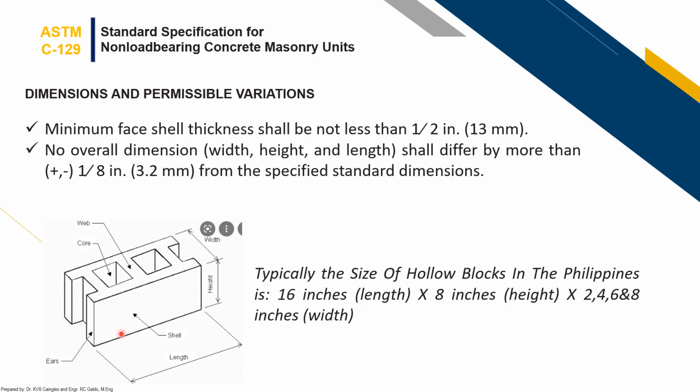You just have to refer to this figure here sa imong left side. So the typical length sa imong CHB is 16 inches, with a height of 8 inches, and then ang iyang width could either be 2, 4, 6, or 8 inches. Okay?